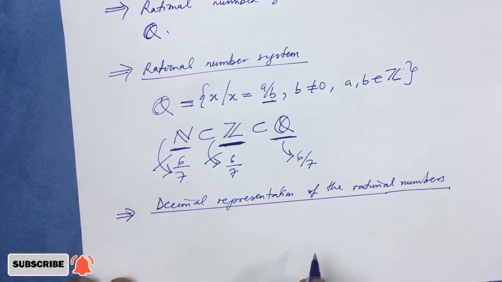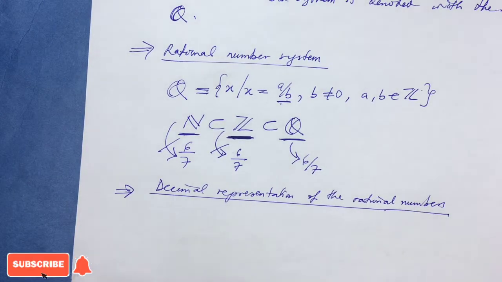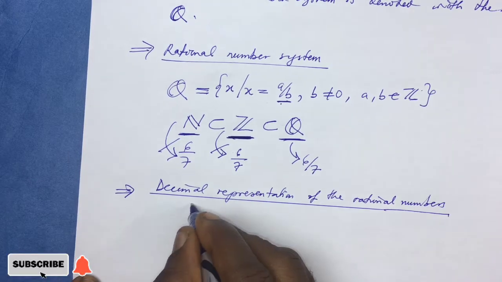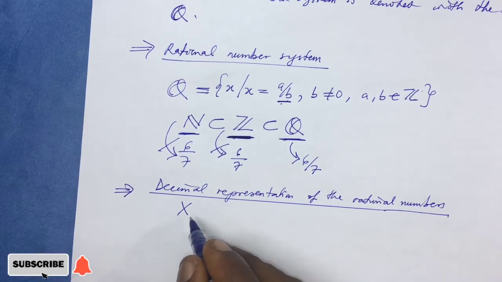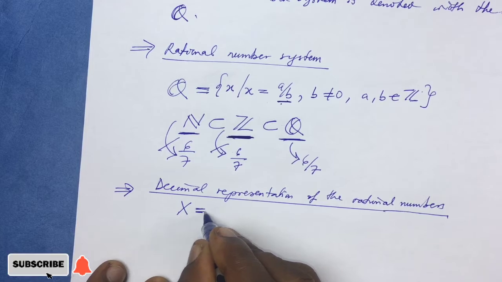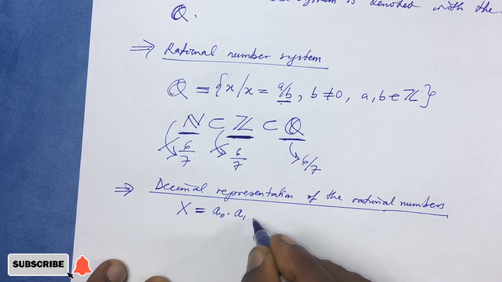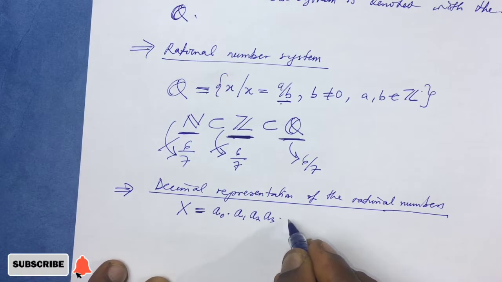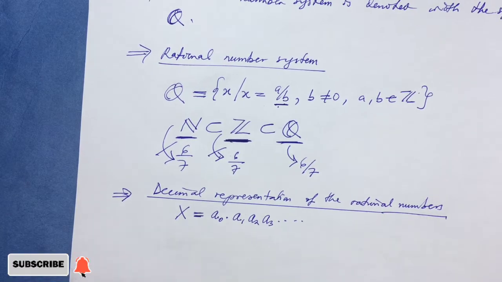Now, if a number is a rational number, it means it can be expressed in fractional form, and it can also be expressed in decimal form. Now, what is the decimal representation of a rational number? Let's consider a rational number x. If x is a rational number, then it is possible to express x as a0.a1a2a3 up to an, and so on and so forth.